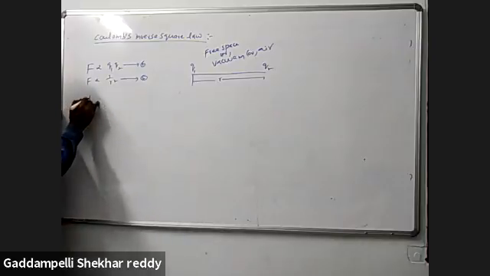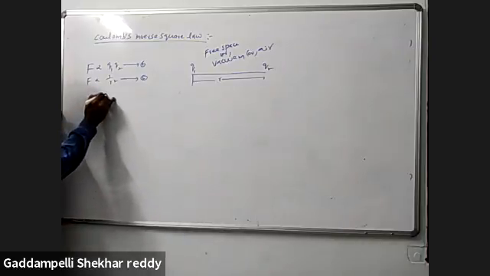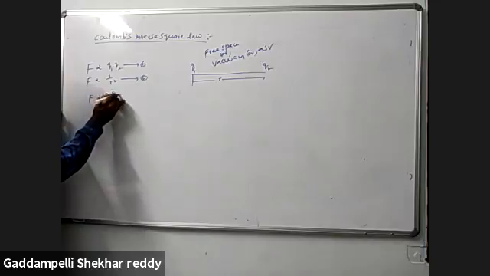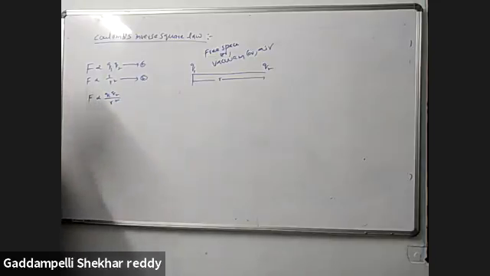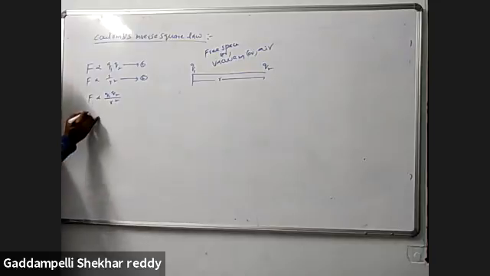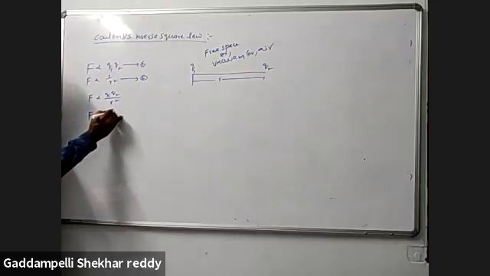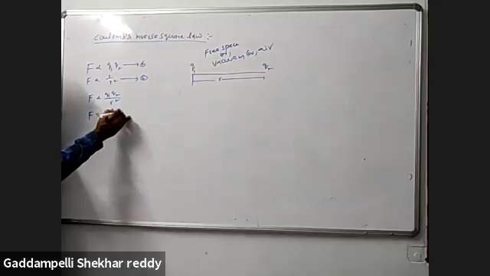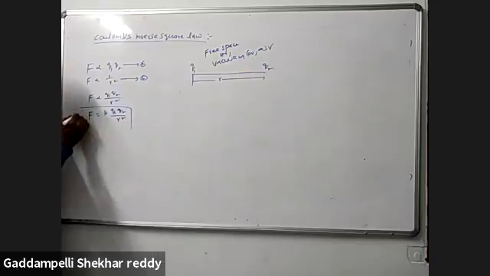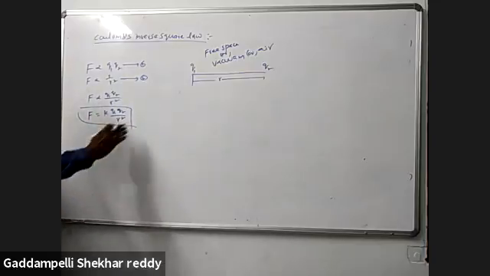From these two equations, F proportional to Q1 Q2 by R square. Now F is equal to a constant times Q1 Q2 by R square.